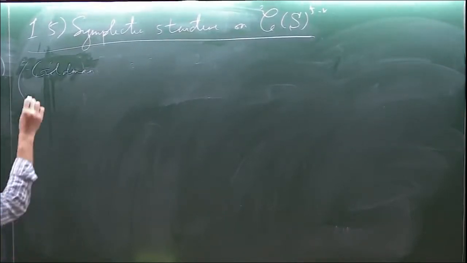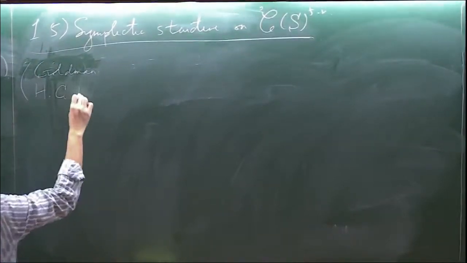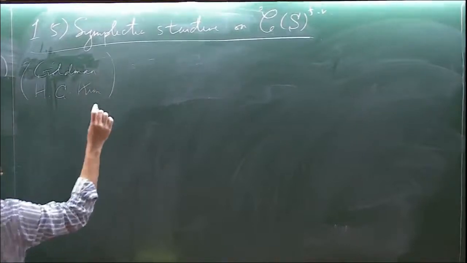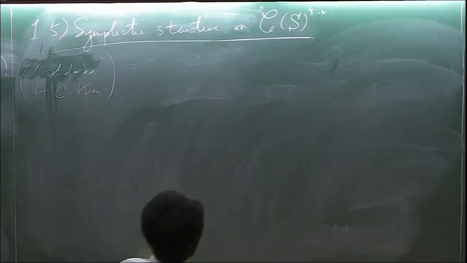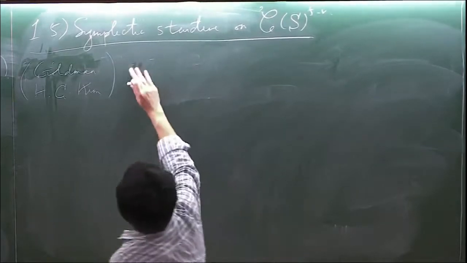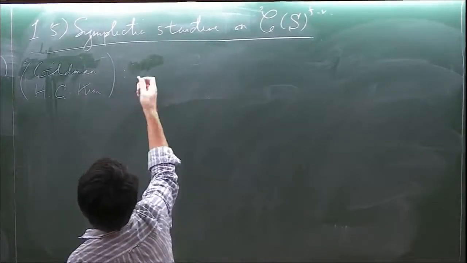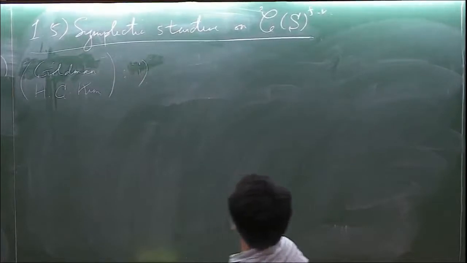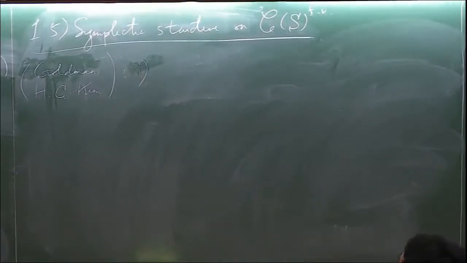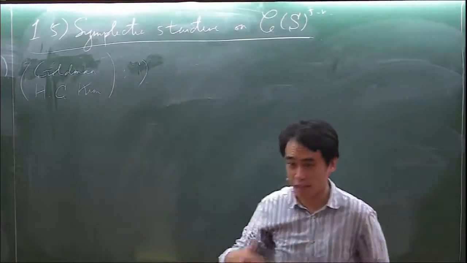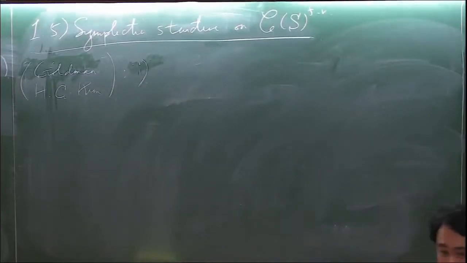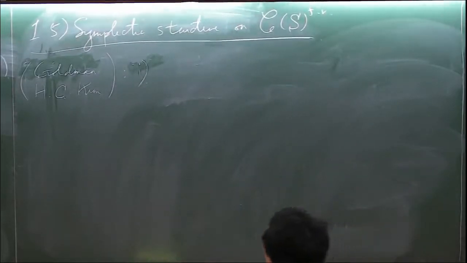And then he had a student, Hong Chang Kim, who generalized what he did to the case when S is of finite type. Okay? So what to do here? Okay, the first thing, really the symplectic structure that Goldman defined is on X3(S). Okay? So let me see how to say it exactly.